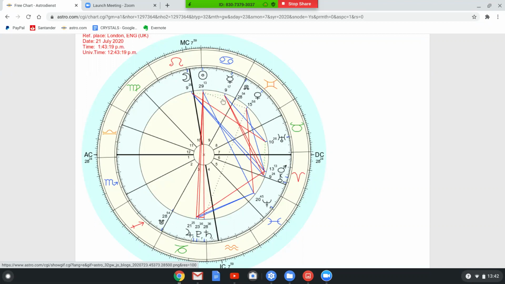Those are the areas where your sun, your life force, is shining your light. Your biggest, brightest, most luminous self will be unfolding and will be best supported if you focus on that area. And then you look at the aspects. Here there's a whole stellium of opposition to this sun. What does that mean?